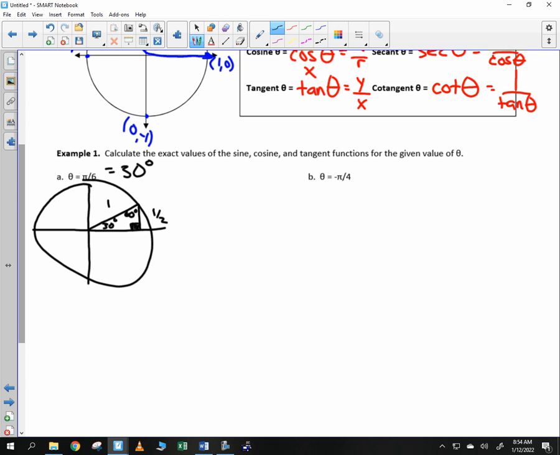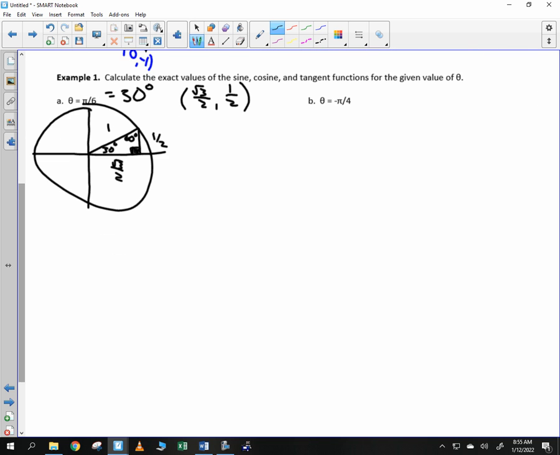Half. And then this side is root of 3 over 2, okay? In a 30, 60, 90, you divide the hypotenuse in half to get the short side, and you multiply by the root of 3 to get the long side. So what is my coordinate? So we've already done that before, right?